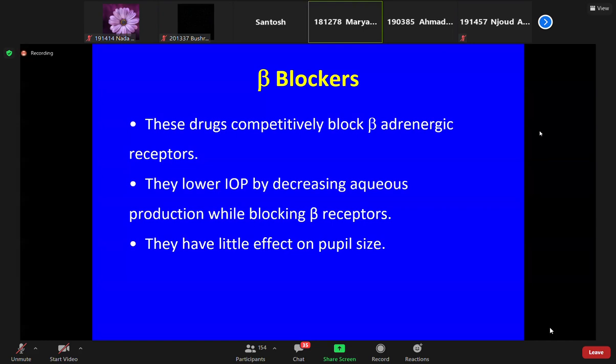Yeah, so they are alpha, and that's why the beta blockers have little effect on pupil size. And when you use them, the maximum intraocular pressure reduction is 20 to 30%.